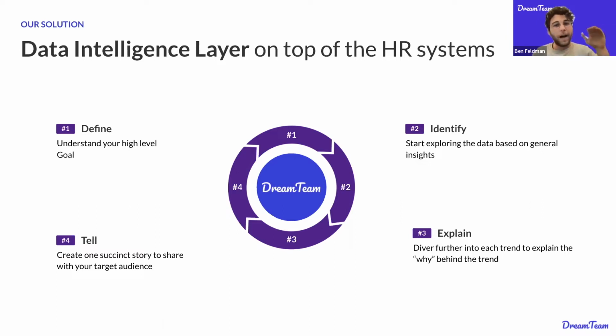So your time to hire is stable, let's say at 30 days, and suddenly you see in 1 month, it's shot up to 70 days. The question now becomes, why is that the case? And once you've identified those areas of focus where something doesn't seem right or something is incredible, right? We are increasing our numbers of hires or our time to hire, and we're not really sure why that is.